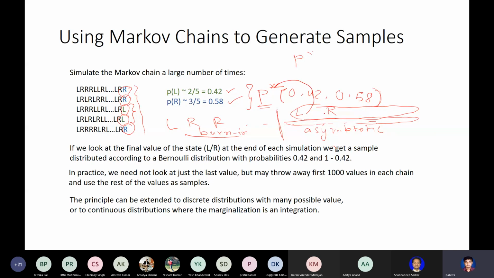So that was my goal. Suppose P star is my target or desired distribution. I don't know it, it's intractable. But if I can somehow get a Markov chain whose converging probabilities or absorbing probabilities is the P star.